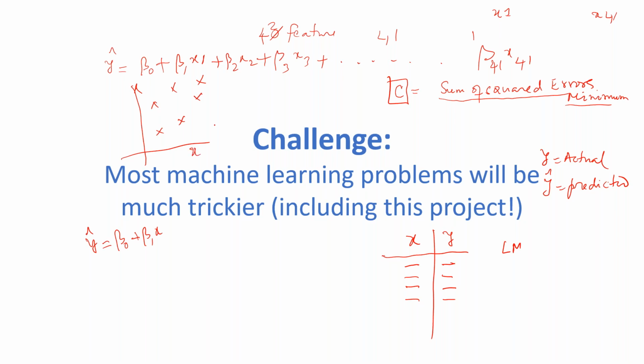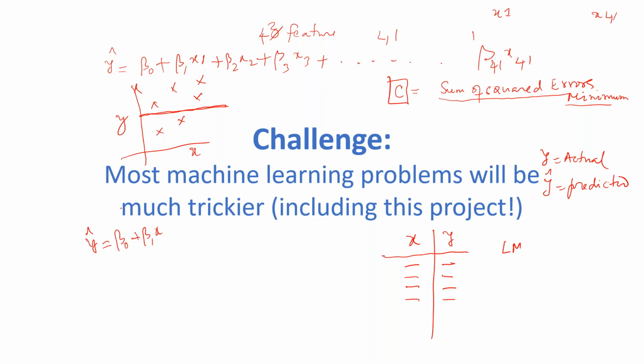This is x and this is y. Then it started, let's say, with a horizontal line first. Then it calculated the sum of squared errors for that line, out of this data.